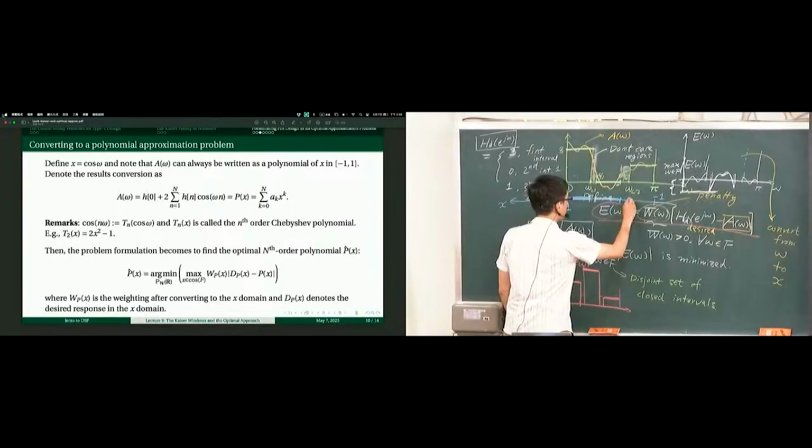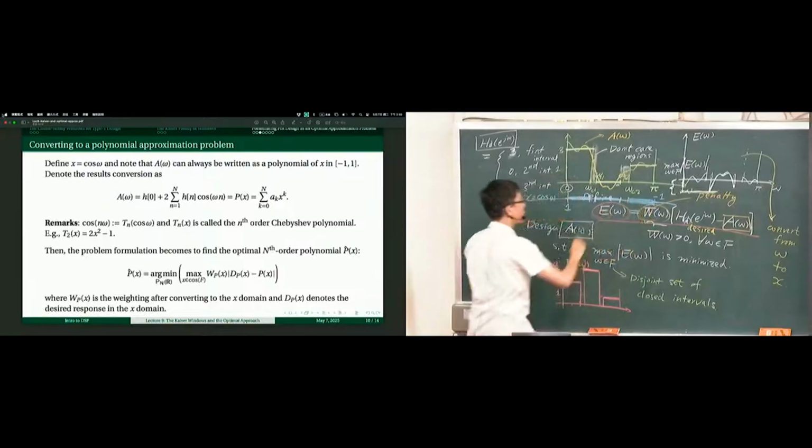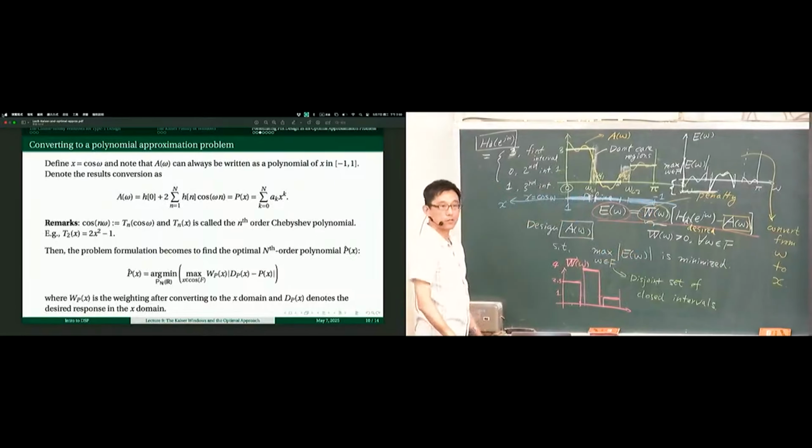And here is a high frequency passband right there. It's just a change of variable. So the axis now goes from right to left, increasing x, and x is between -1 and 1 because it's cosine omega.